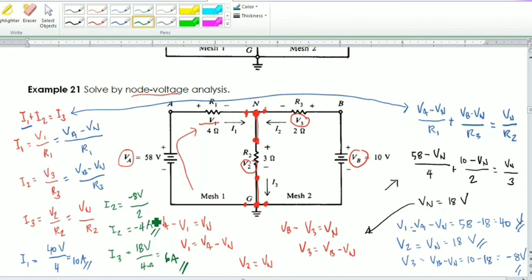You can use other methods in solving for the unknowns here, just like the mesh current. You can solve this by using the mesh current, but in this certain problem, you are asked to solve using node voltage analysis, so therefore, you have to use the node voltage. And that's it.